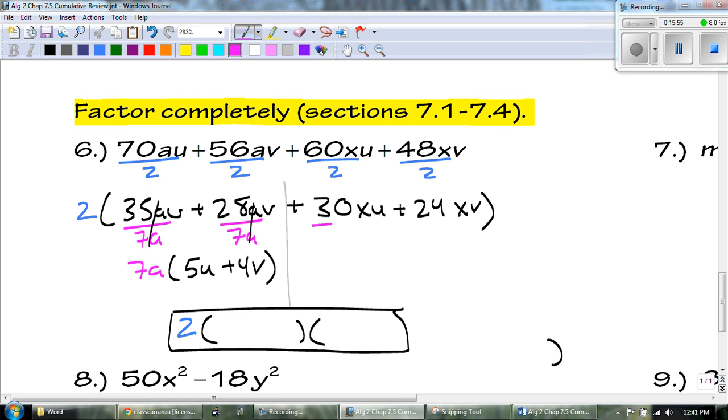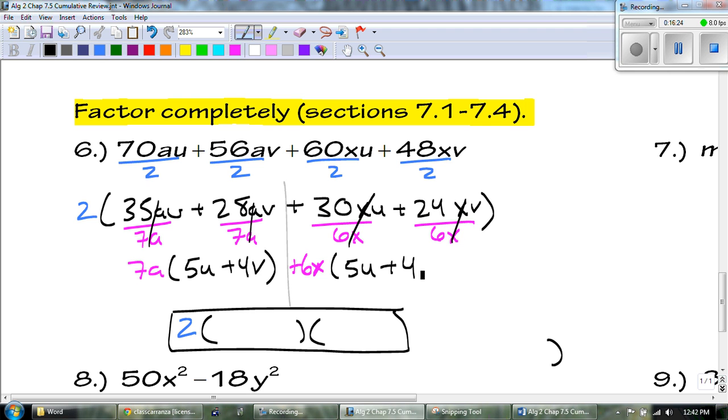So 30 and 24, I can take out a number higher than 2, guys. Good, I can take out a 6. And then they both have an x. So it's a positive 6x. And then what we're left over, 30 divided by 6 is 5. The x's cancel, and we're left with a u. 24 divided by 6 is 4.